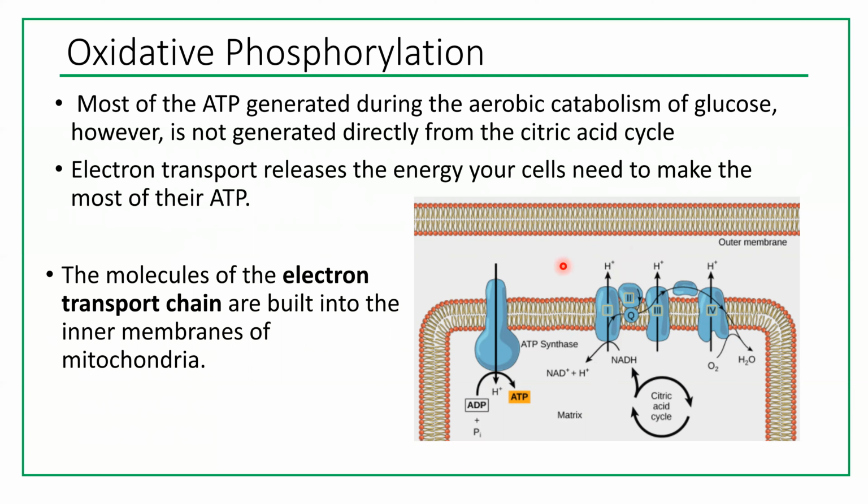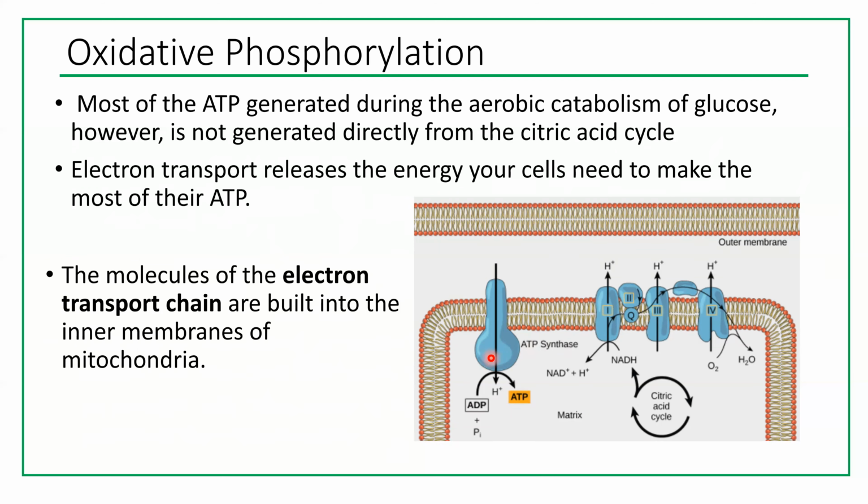Now we have a high concentration of hydrogen over here, and this hydrogen cannot move out because it has a charge. So it needs special channels. Lots of hydrogen is accumulating in this area. And the only way for them to go back inside the matrix is through a special protein called ATP synthase.